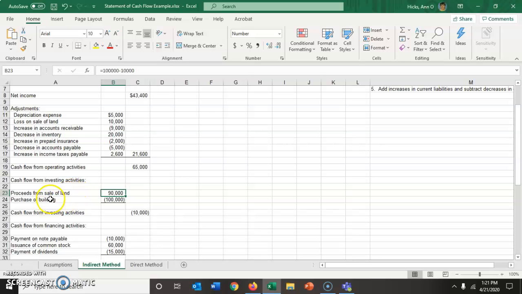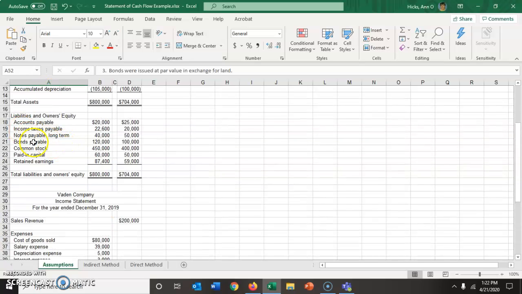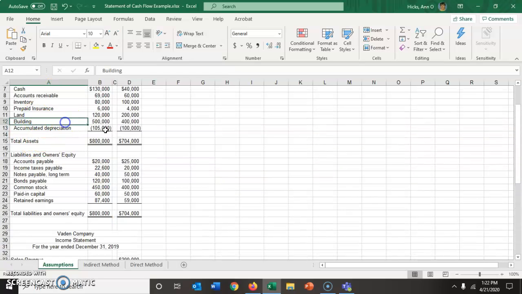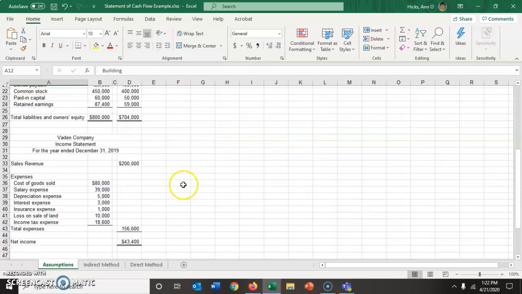We'll deal with that in a few minutes. That takes care of our account land. The other long-term asset account is building. We can see building increased by $100,000.